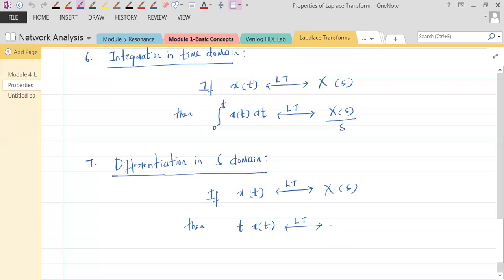Minus d by ds of x of s. So this is how it is going to look.